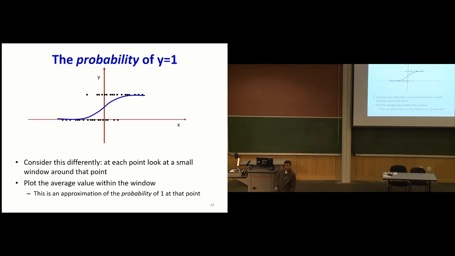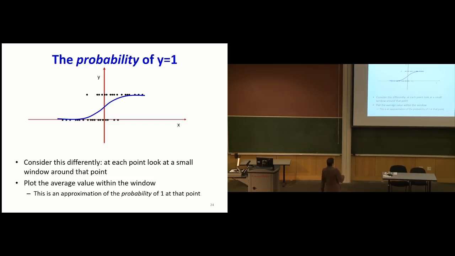Now again, we are no longer taking the actual y value that was given to us as part of the training data. We are coming up with a fictitious y value. But this fictitious y value is not strictly fictitious. It gives us the a posteriori probability, or at least our best guess for it, of y taking the value 1 for that particular value of x.